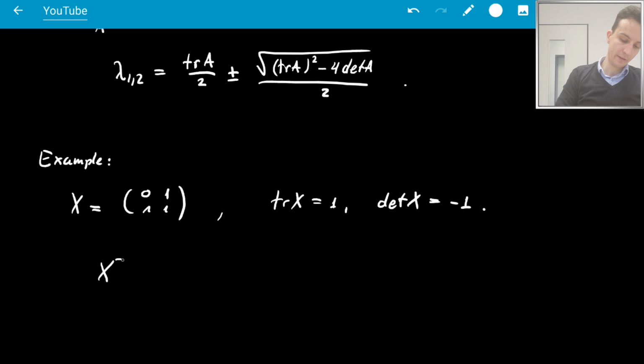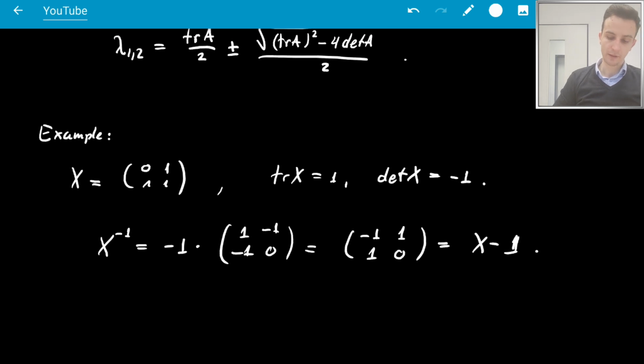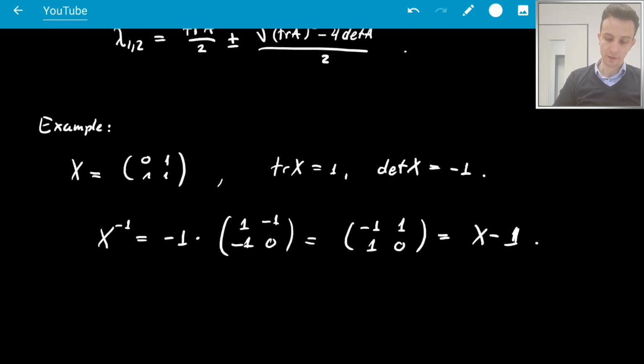So then x inverse is minus 1 times, and then what? We switch these two, and then we add a minus here. So that looks like minus 1 times (1, -1, -1, 0), which is -1, 1, 1, 0. And by the way, this looks like it's x minus 1. But that's just an algebraic consequence of this particular matrix.